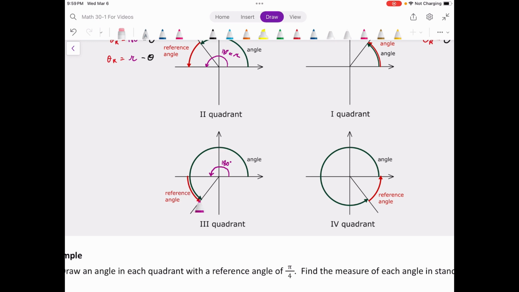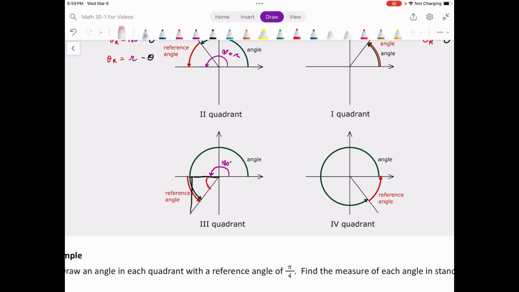So we take our angle, go all the way to 180, and then we go past it. Okay, how far past it? Well, that's going to be our reference angle. Again, referenced to the x-axis so that we can make a triangle like this. And if we knew our reference angle here, we could start doing some trigonometry, some SOHCAHTOA.